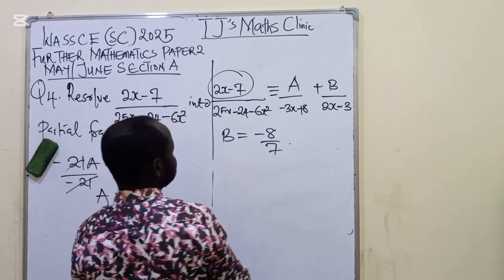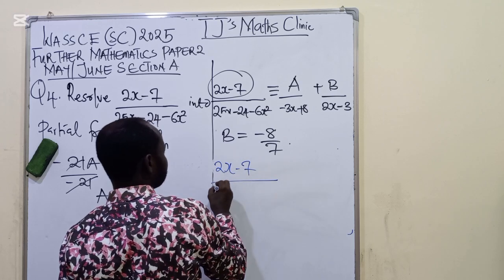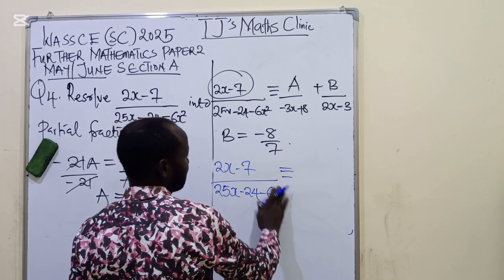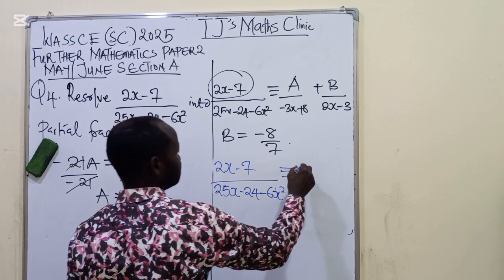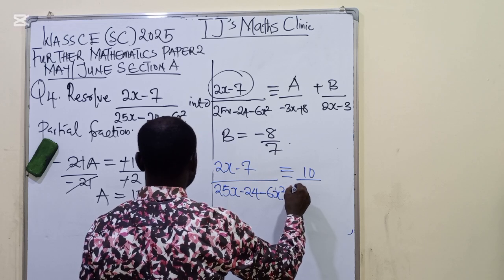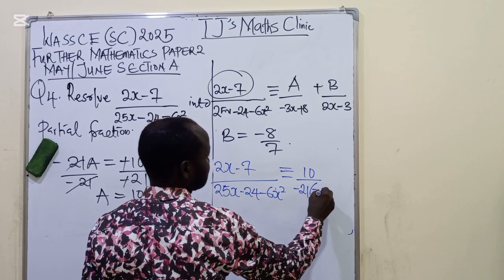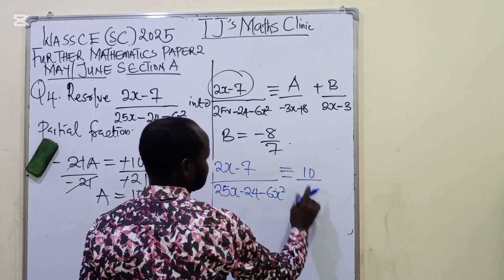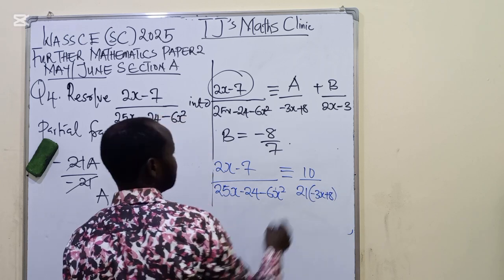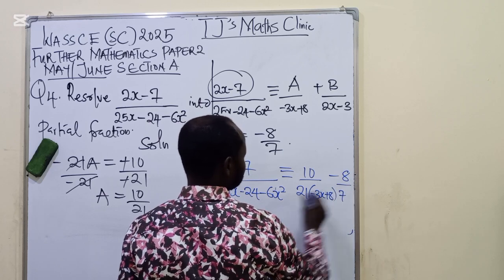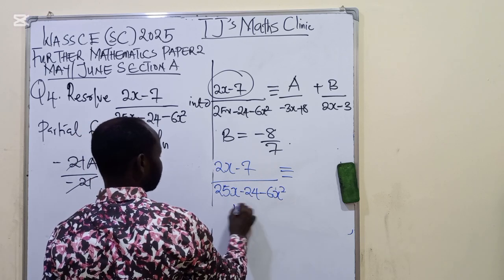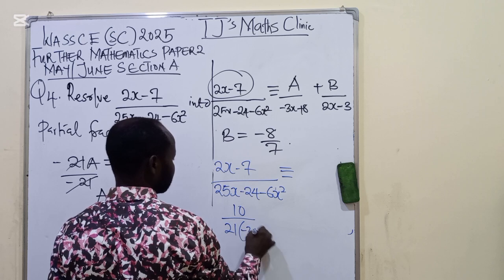The fraction, after splitting, 2x minus 7 divided by the denominator, will now be equivalent to a, which is 10 divided by 21, into minus 3x plus 8.